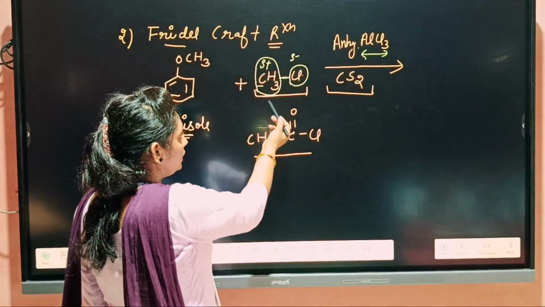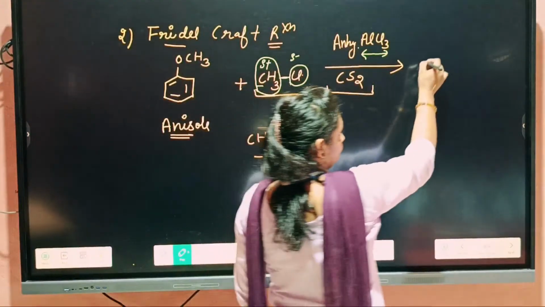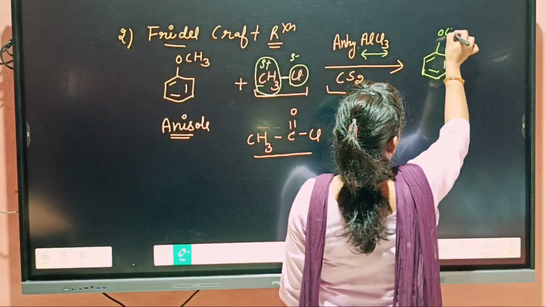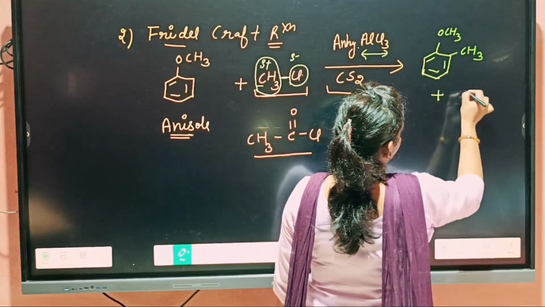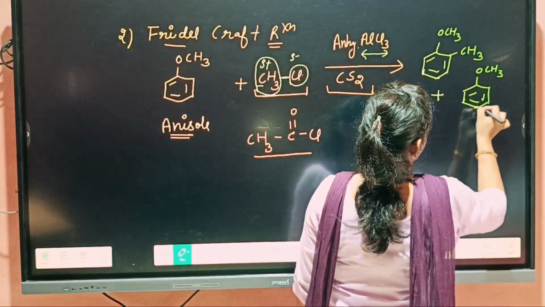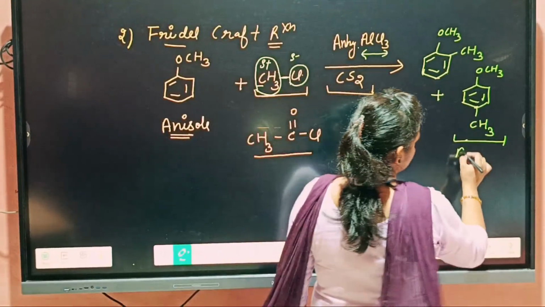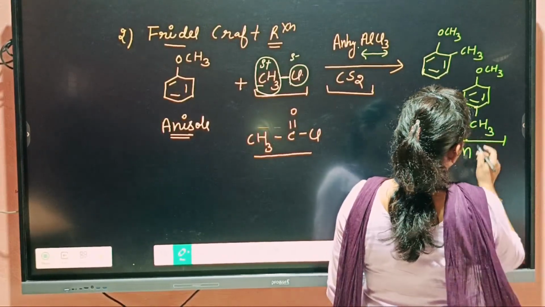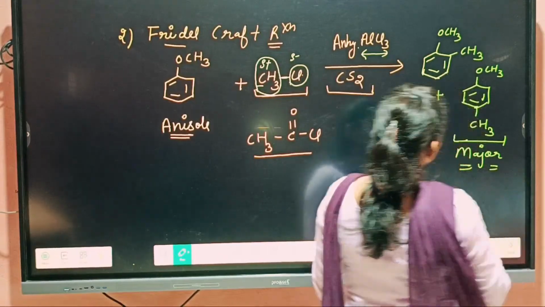Now, attachment of this alkyl group will take place at the ortho and para positions. Here the ortho position is the 1,2 position and para is the 1,4 position. So you will get products, either ortho-methyl anisole or para-methyl anisole, but para will be the major product here.